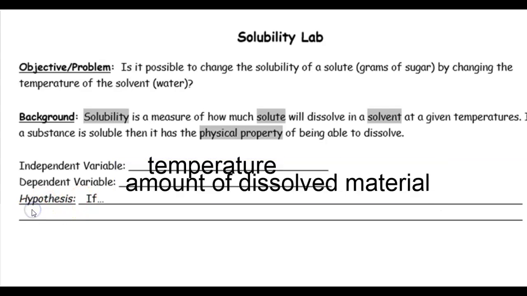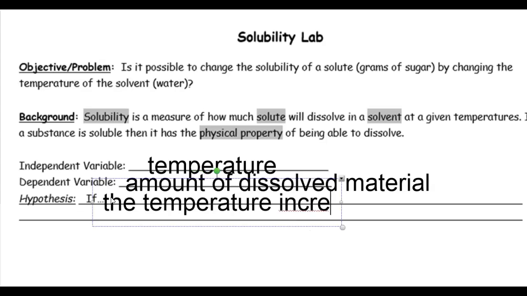Let's make a hypothesis. If we change the temperature, what will happen to the amount of dissolved material? Okay, so if the temperature, let's start with increase. You may have seen this form of hypothesis before, starting with if and including the word then. So we talk about what would happen if we manipulated something like temperature. If the temperature increases, what would happen to the amount of sugar that can dissolve?